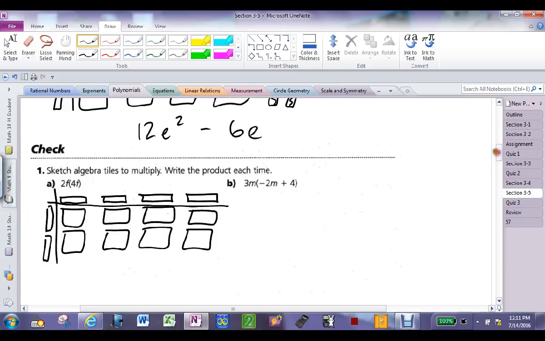What's the answer to the first one? 8f squared. Because you have the big guys. The second one?